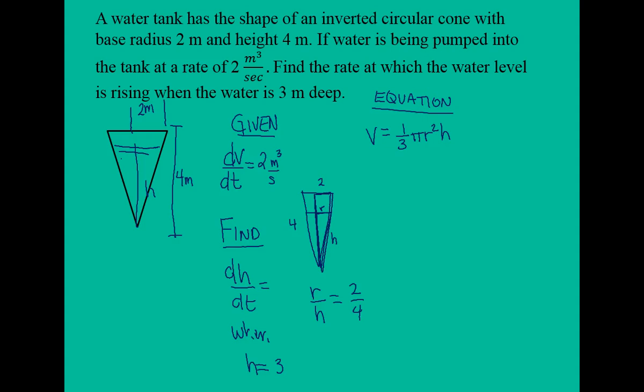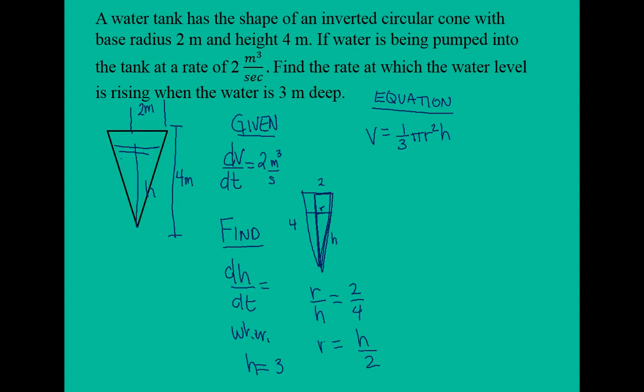And since we are trying to find the rate of change of the height, we don't want to lose that. So let's solve for r so we can replace r in our equation in terms of h. So r would equal, I'm just going to multiply h to both sides and reduce 2/4 to 1/2. We'd have h over 2.